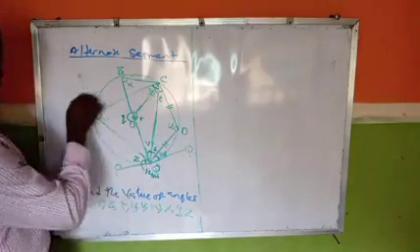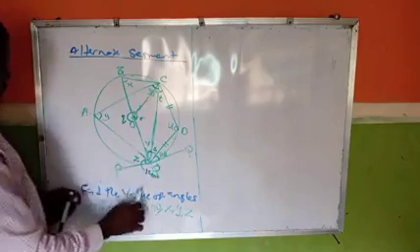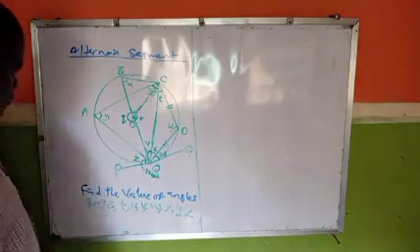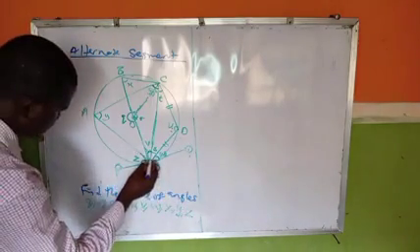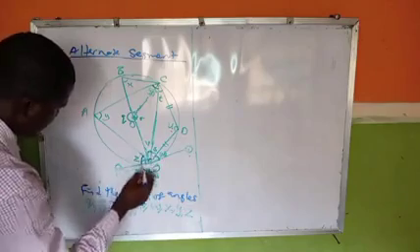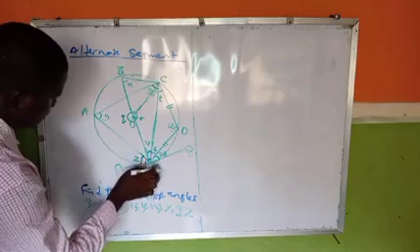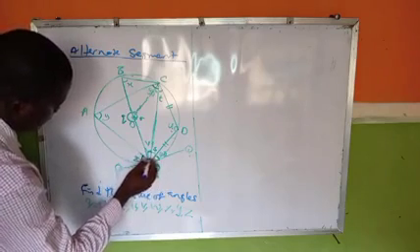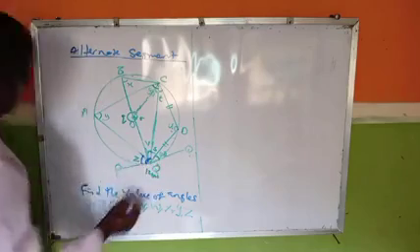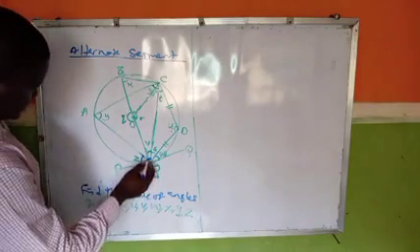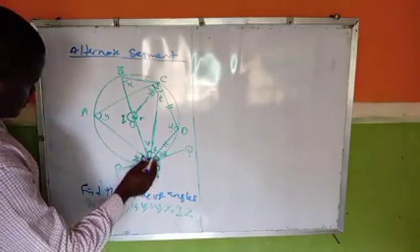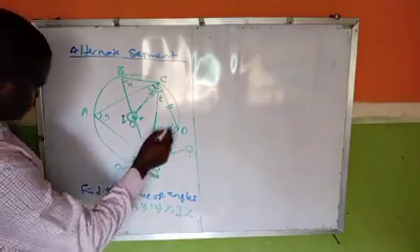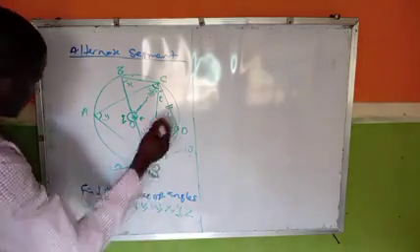This chord for the major segment subtends an angle here, so this angle equals this angle. That is, from here to here is 120 degrees. We subtend to this, that is, this one is equal to this.